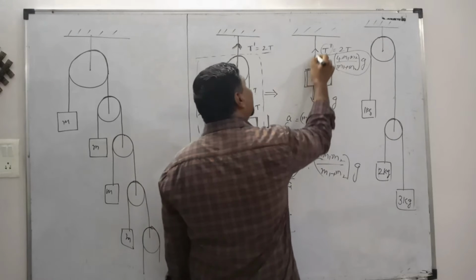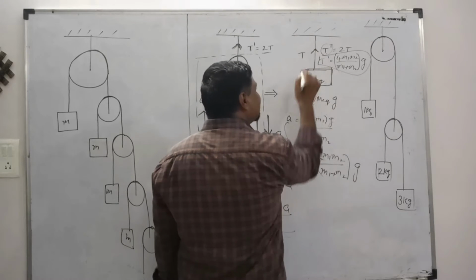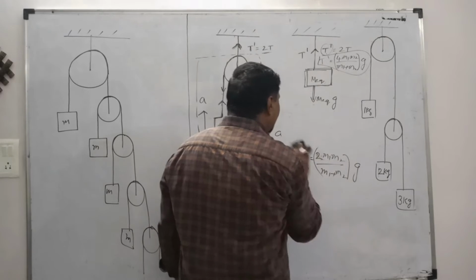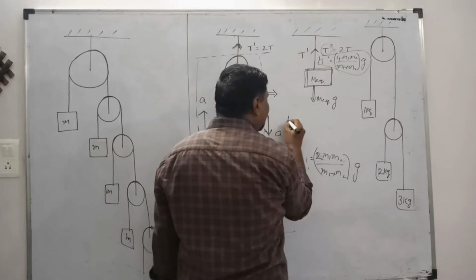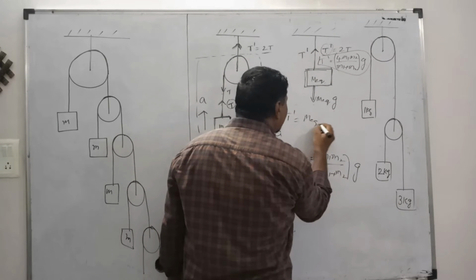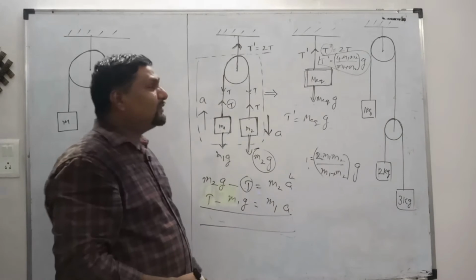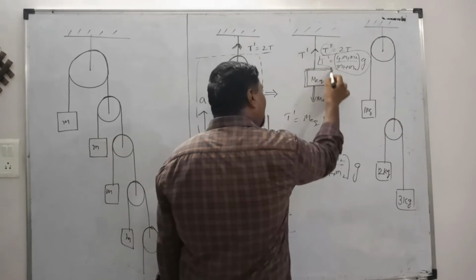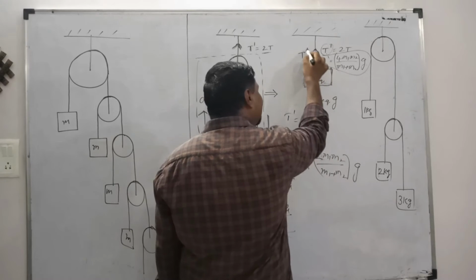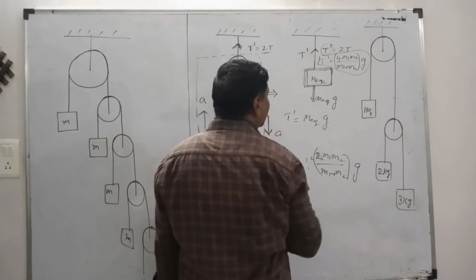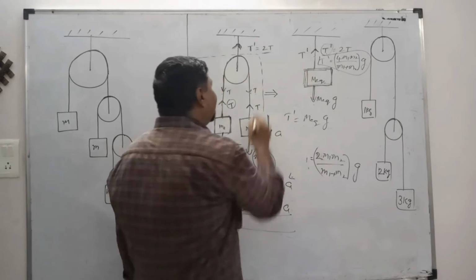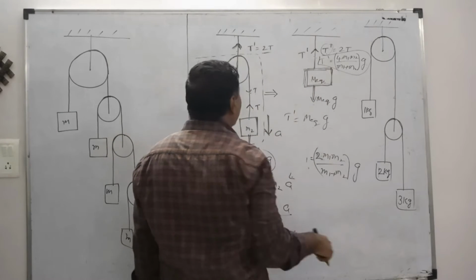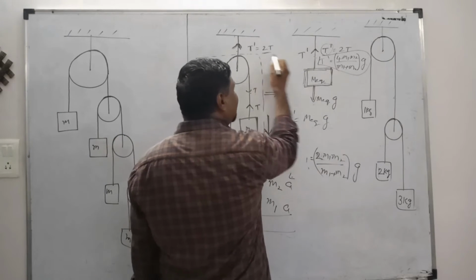So what should be the counter tension here to balance this? Let this tension be T dash. The tension here should be equal to T dash must be equal to M equivalent into G. That means M equivalent alone is creating T dash equal to M equivalent G tension. Right? And here also the tension to be same. What is the tension here?